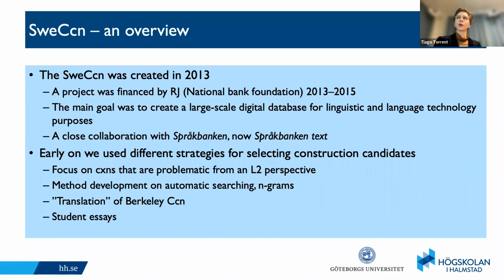We also developed automatic search methods with the help from Språkbanken computational linguists. We also did a sort of translation of the Berkeley Constructicon, so we tried to see if we had equivalents in the Swedish Constructicon. And then we also, a bit more randomly, put in constructions if someone had written student essays on them; we put them in the Constructicon as well.